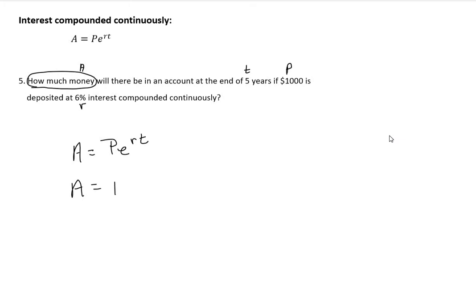So A equals 1,000 e to the 0.06 times 5 power. Oops, it's $1,000 instead of $100. So you just put that into your calculator and you're going to get for your answer $1,349.86.